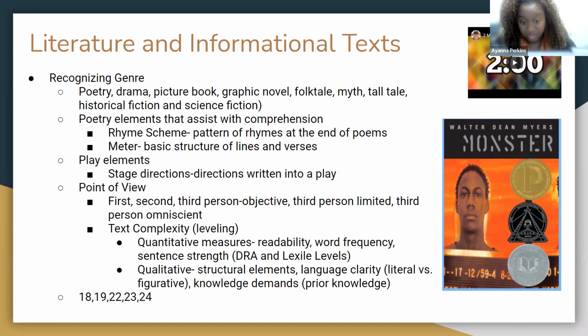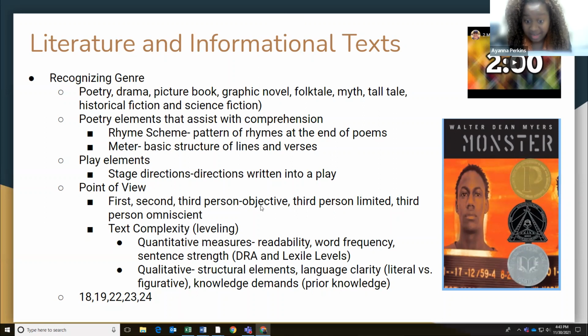The narrator is telling a story, but they don't have any emotions tied to it. They don't have opinions tied to it. It is objective. Third person limited is where the narrator has a limited view. They might even be a character in the action. Then we have third person omniscient. So that is the all-knowing character.